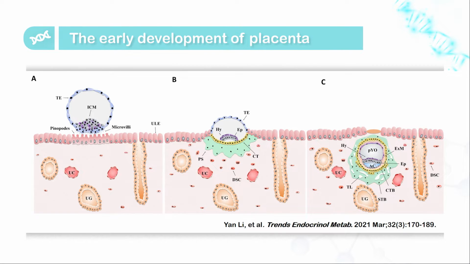Development of the placenta begins during implantation when the blastocyst adheres to the endometrial epithelium. Trophoblast cells differentiate into an inner cytotrophoblast layer and an outer syncytial trophoblast layer.